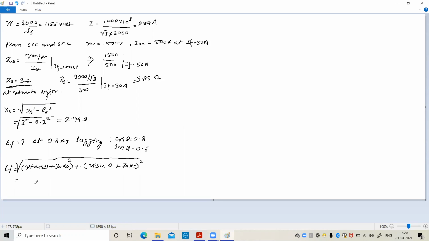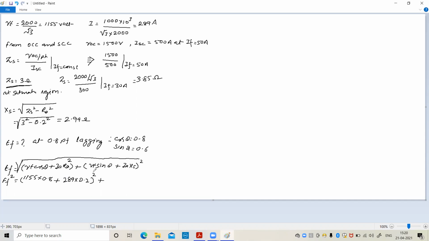If you put these values, we found the value is (1155 into 0.8 plus 289 into 0.2) squared plus, say, it is the EF square value.